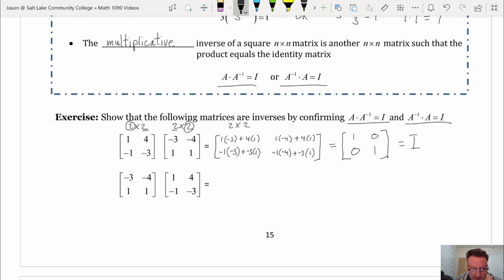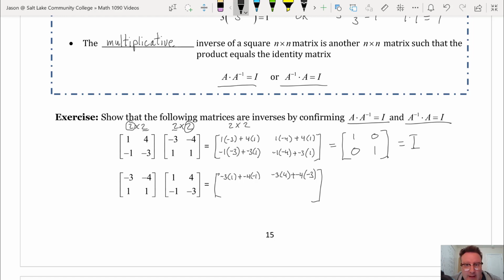So what we're doing here is just swapping the order of the matrix multiplication. Okay, I'll write this one out as well. Let's see, we're going to have -3 times 1 plus -4 times -1. Okay, and then when I do first row times second column, I'm going to get -3 times 4 plus -4 times -3.